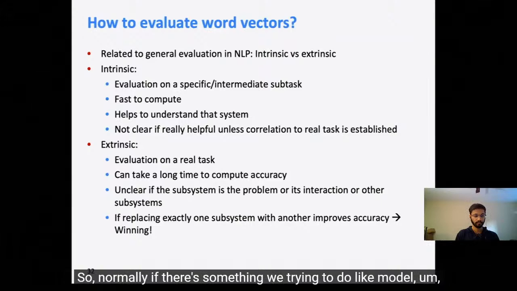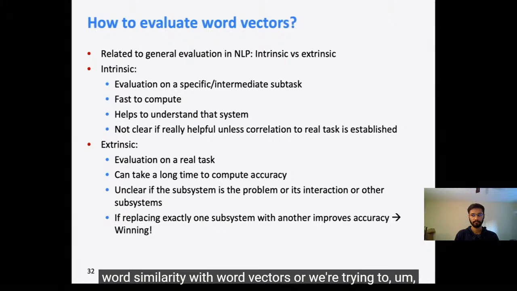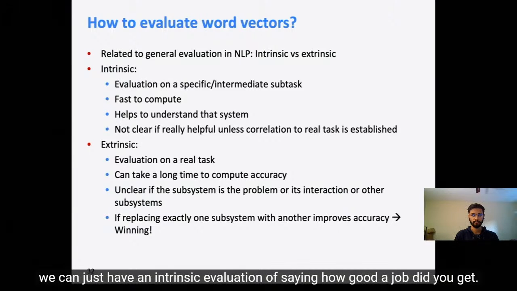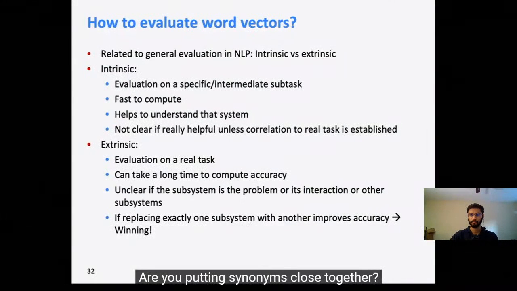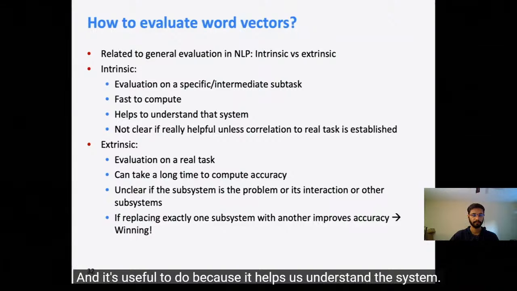So normally if there's something we're trying to do, like model word similarity with word vectors, or we're trying to put parts of speech on words or something, we can just have an intrinsic evaluation of saying, how good a job did you get? Are you guessing the right part of speech? Are you putting synonyms close together? And that's sort of normally very easy to do and fast to compute. And it's useful to do because it helps us understand the system.